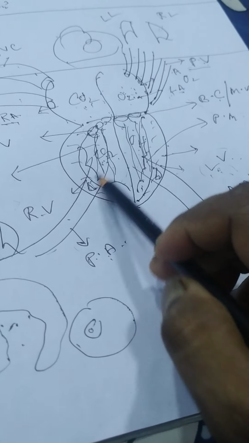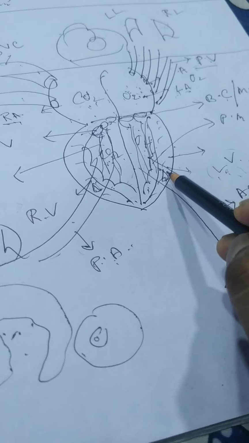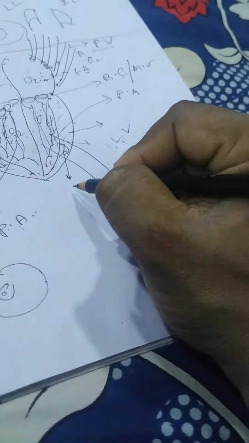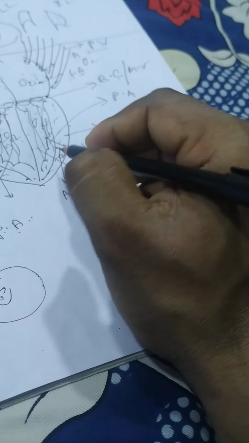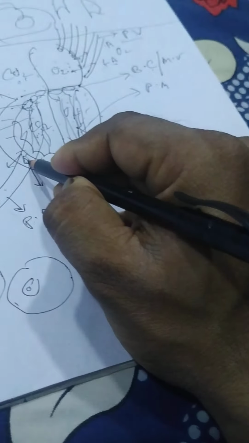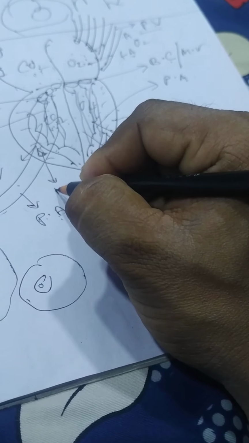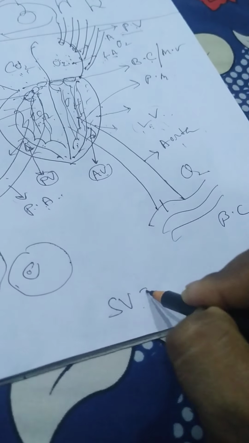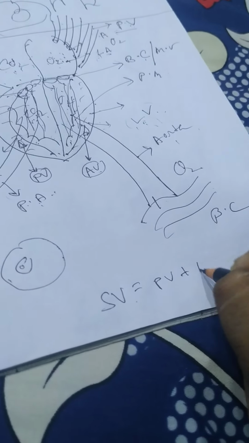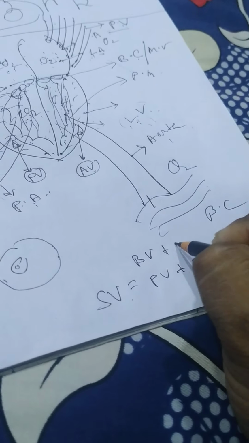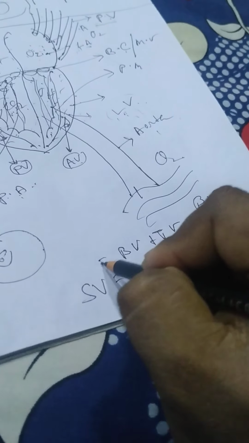This one is called the aortic valve, and this one is called the pulmonary valve. So the semilunar valves are the pulmonary valve and the aortic valve.